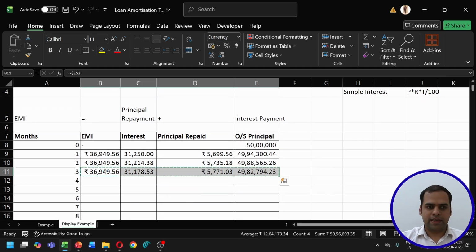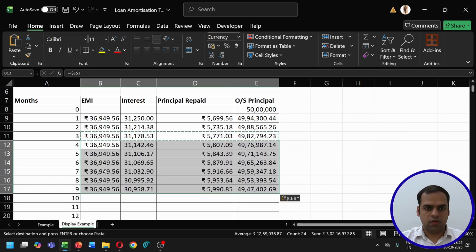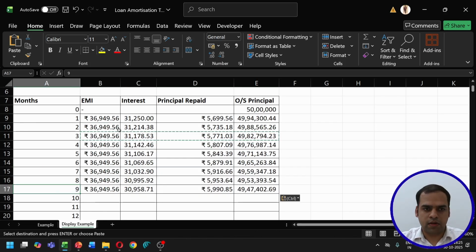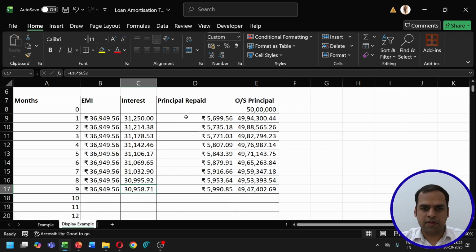So to test, I am just calculating it for the 9th month. EMI remains the same, the interest component is going down, the principal repaid amount is going up, and the current outstanding principal goes down.